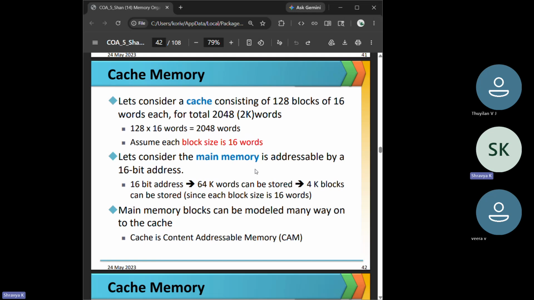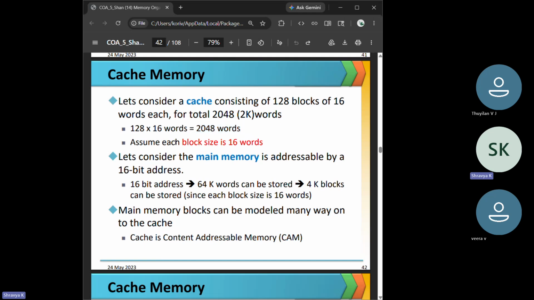Looking at the cache memory, consider a cache consisting of 128 blocks of 16 words each. So the total will be 128 times 16 words, which is a total of 2048 words.